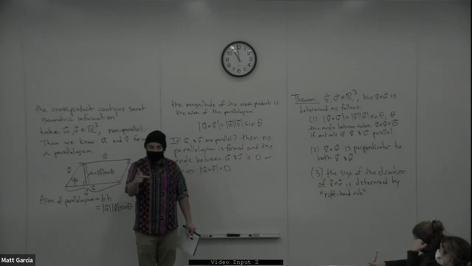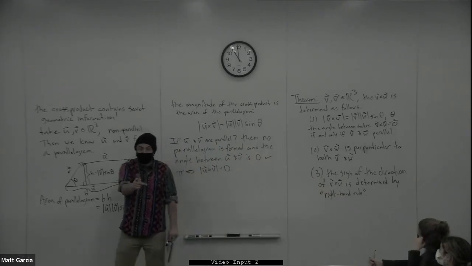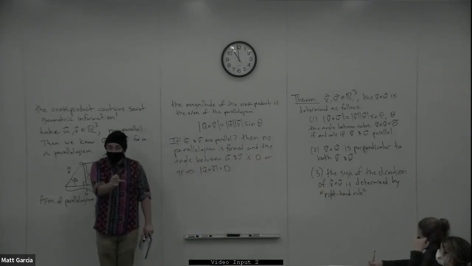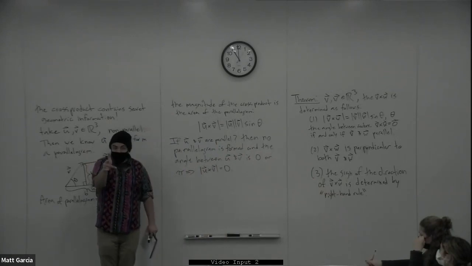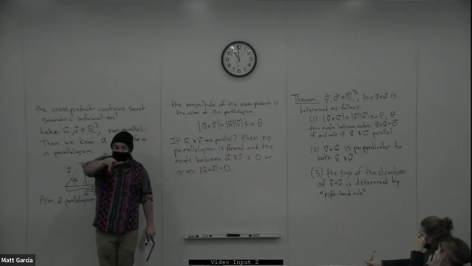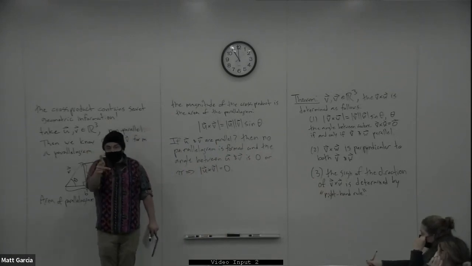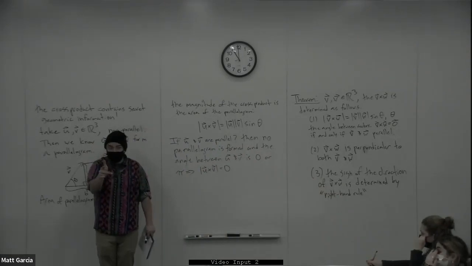So let's say W points this way relative to V. That is to say, I'll stand behind V, and if W points this way, I'll point my middle finger this way. If W points the other way relative to V, I'll turn my hand upside down. Then I stick my thumb out, and wherever my thumb points is the direction that the cross product points, right?